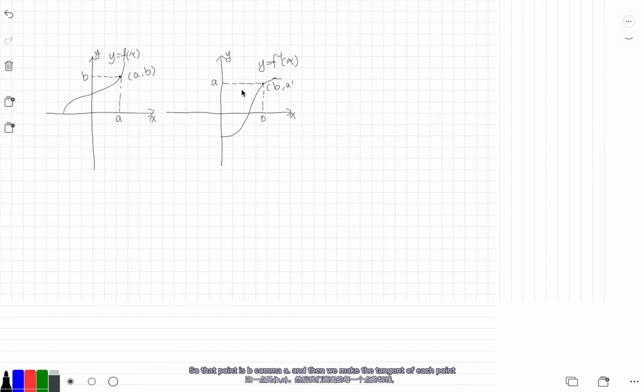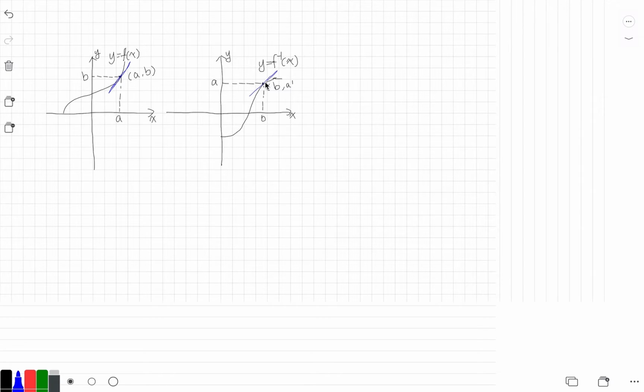And then we make the tangent at each point, which is the derivative of them.